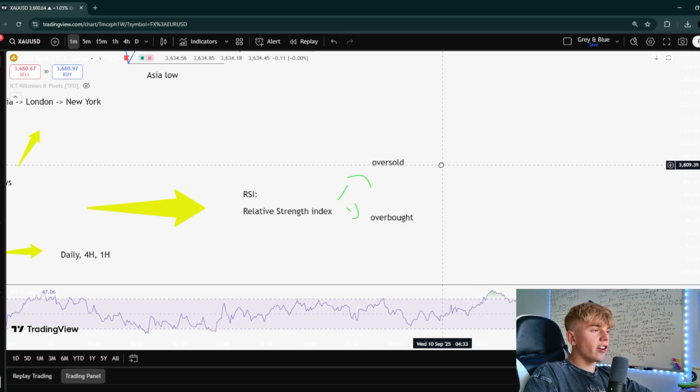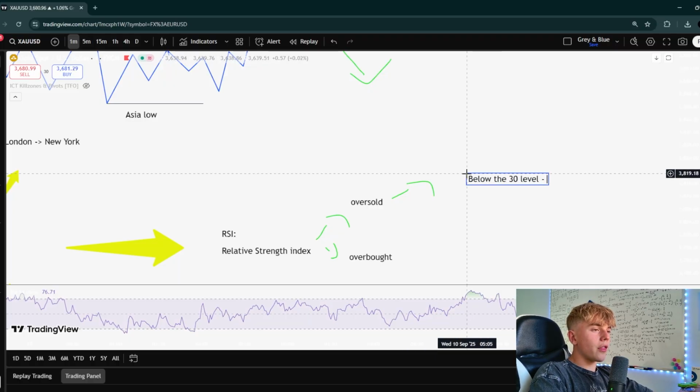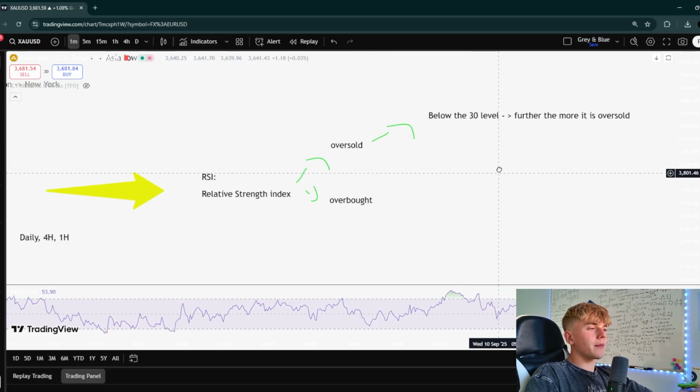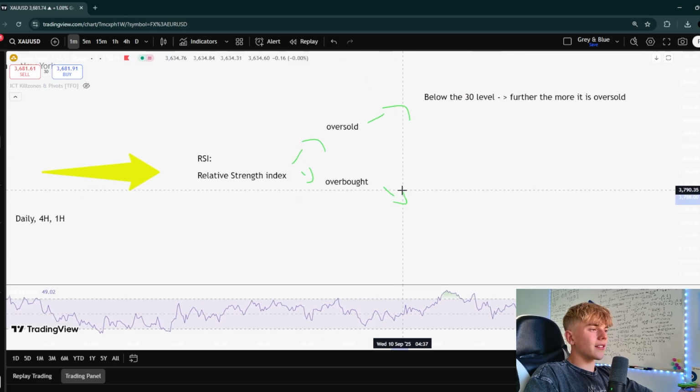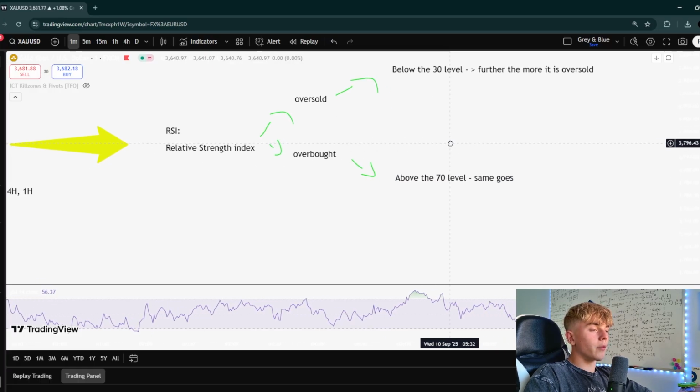How we can spot if price is oversold: price is below the 30 level, and the further below, the more it is oversold. The same goes for overbought. Price is overbought when it is above the 70 level, and the more it is over 70, the more overbought it is.